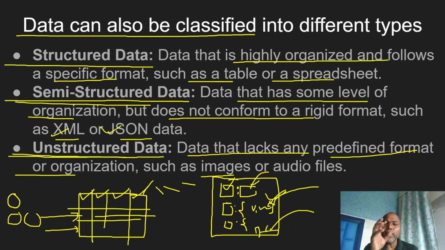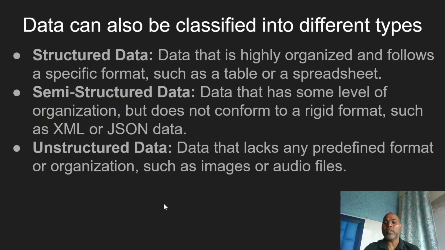Whenever we are going to store and persist this information, for each specific kind of data we have different database systems available. For structured data, we have a different kind of database. For semi-structured, a different kind of database. For unstructured, a different kind of database. So according to the nature and classification of data, we are going to choose.